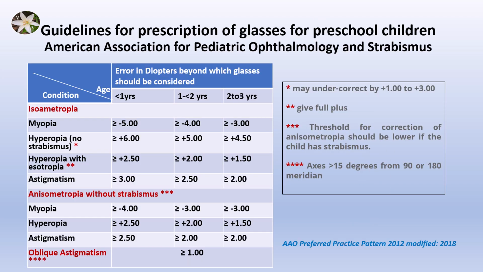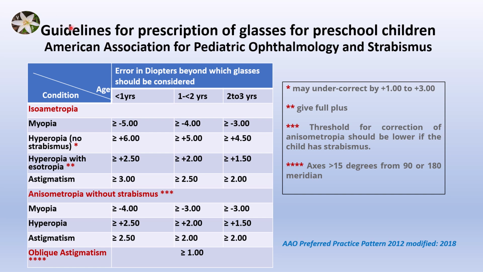After quantitative assessment of the refractive error, you need a lot of clinical judgment to prescribe glasses: whether to prescribe or not to prescribe, how much to prescribe, and how to prescribe. And it depends upon the age of the patient, his refractive error, and the status of his ocular alignment.